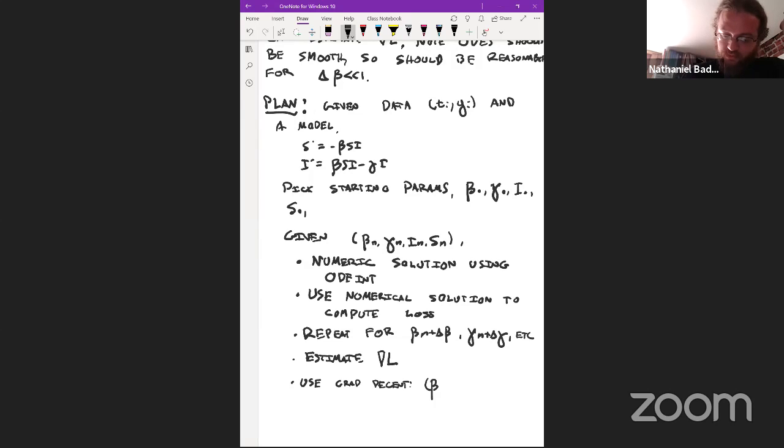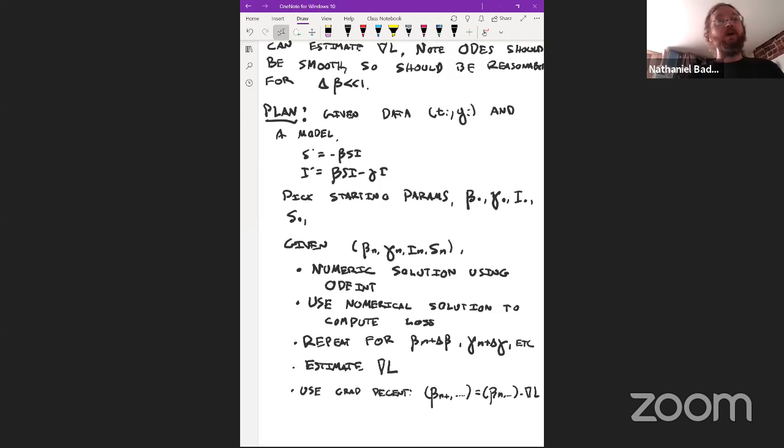So beta n plus 1, etc. is beta n minus delta L. Okay. So this looks complicated, but if I asked you to go off and do it explicitly on a homework assignment, you could totally do it, right?